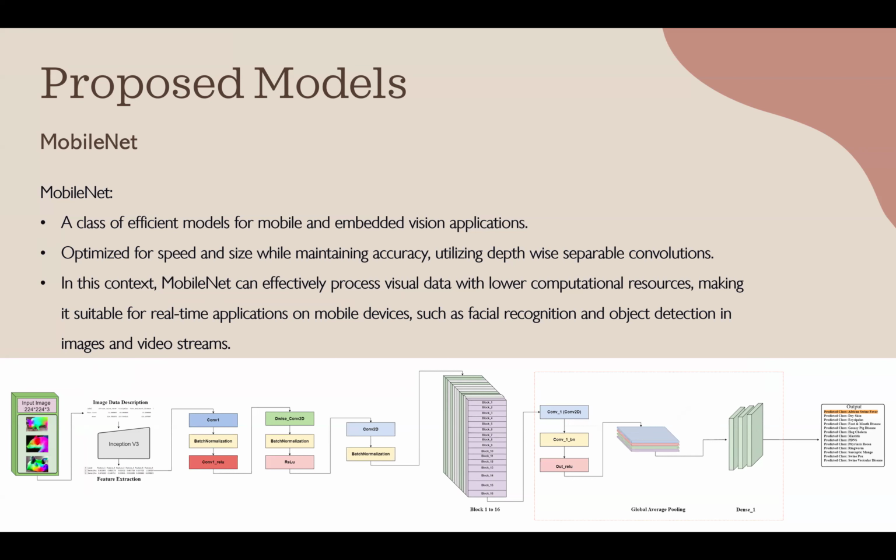Here also we did the same thing, uploading the image and, after using Inception v3, we extract the features, which are supplied onward, and later global average pooling plays a key role in providing the valuable generated predicted output. So at last, we get the result as African swine fever. Coming to the next slide, please.